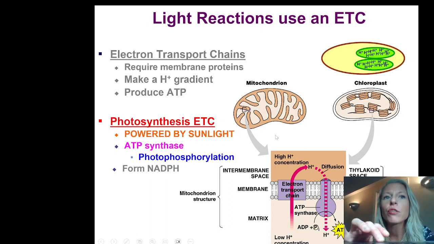So we have our electrons being transported by our NADPH, and we are creating the hydrogen ion concentration that is then going to diffuse through the ATP pump and help to create ATP within the thylakoid membrane.